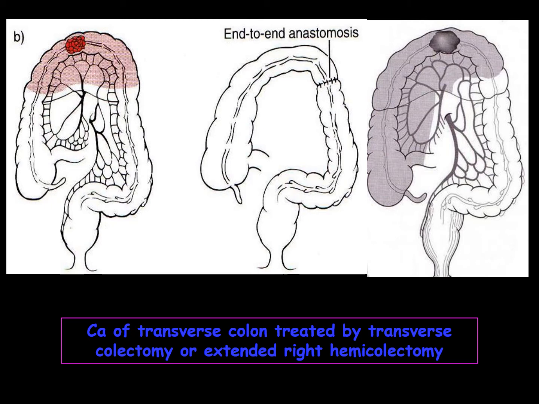Sometimes we may do an extended right hemicolectomy, removing the right colon, transverse colon, and the upper 1/3 of the descending colon with the splenic flexure, and making an anastomosis between the ileum and descending colon. So in the transverse colon, we may do just a transverse colectomy or an extended right hemicolectomy with end-to-end anastomosis.